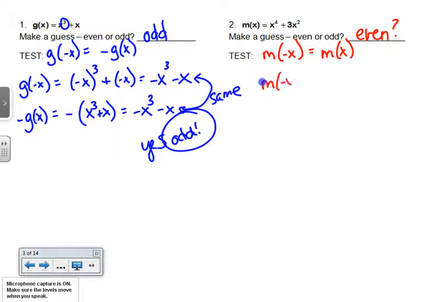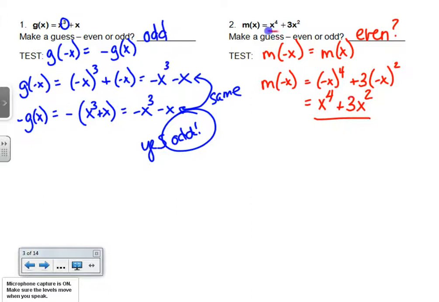When I evaluate my function at negative x, I would get negative x to the fourth power plus 3 times negative x squared. And when I simplify that, negative anything to the fourth power would turn out to be a positive x to the fourth power. And then same thing, 3x squared. And you would notice that this and the original match, so yes, this is an even function.